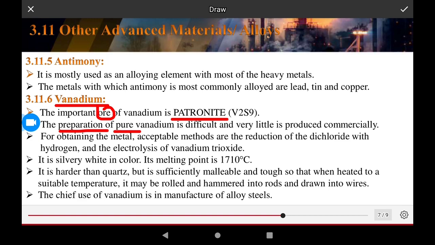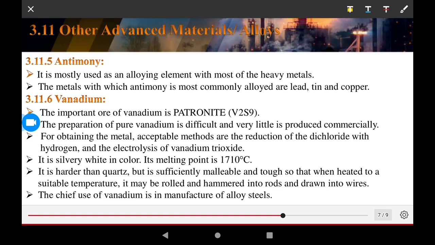The preparation of pure vanadium is difficult, and very little is produced commercially. There are acceptable methods: the reduction of vanadium dichloride with hydrogen, and the electrolysis of vanadium trioxide.